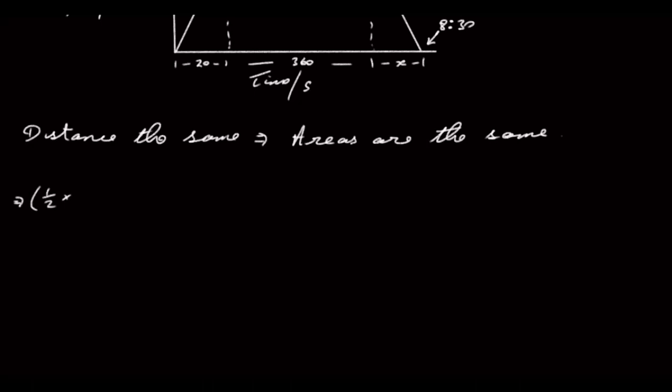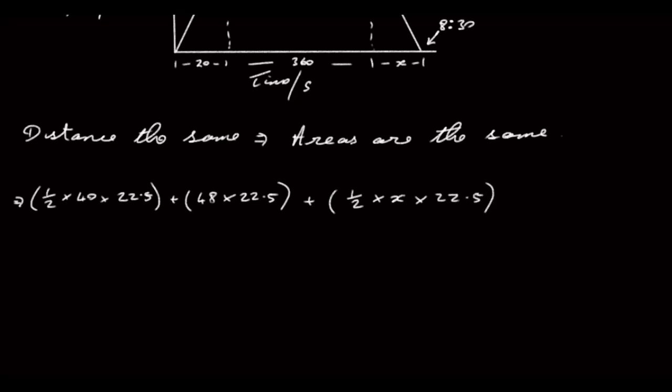So it's half of 40 times 22.5 plus the area of the rectangle in the middle, which is length by width, 480 times 22.5 plus the area of the triangle at the end, which is just going to be half times x times 22.5. All of that is equal to the area of our second curve on Tuesday.